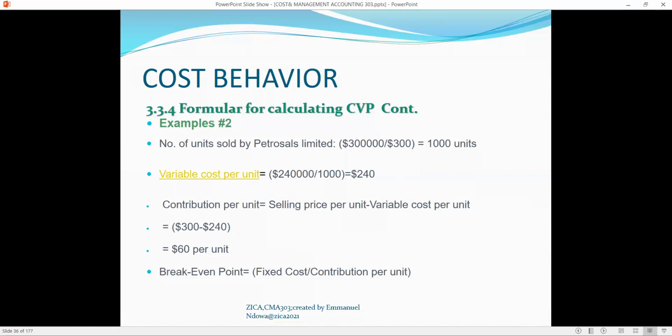When you get the $60 now, you are then in a position to divide the fixed cost by the contribution per unit, because it is from our earlier formula for calculating the break-even. It is fixed costs divided by the contribution per unit. That's how we come up with the break-even point. Are we clear on that? Are we clear?